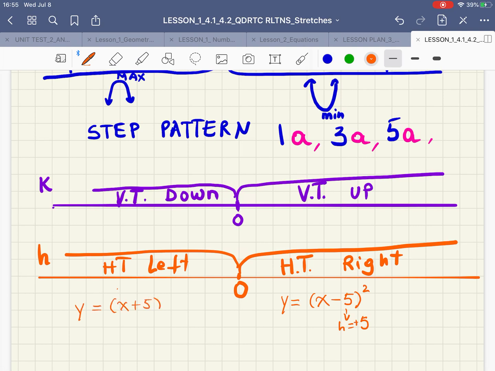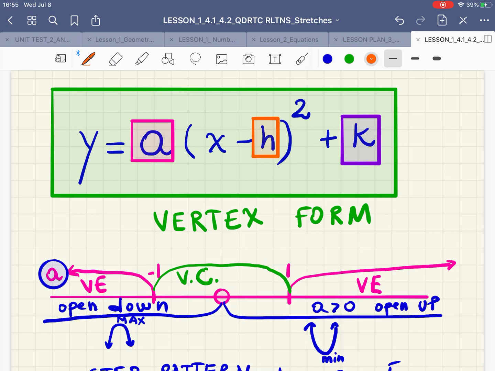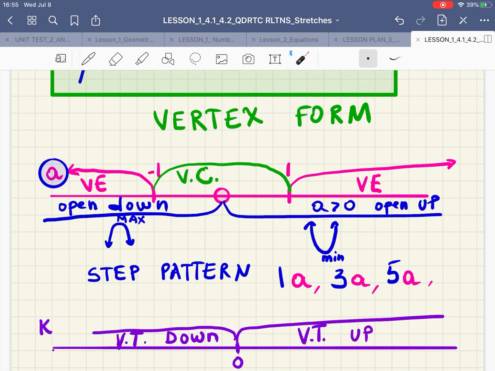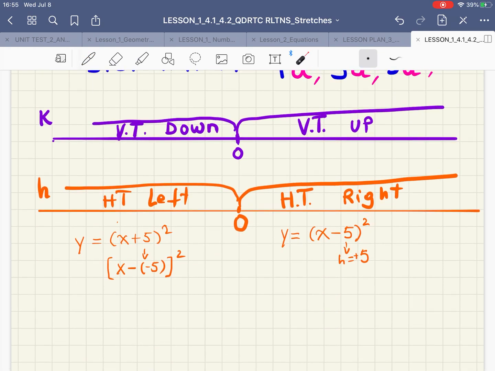Now, if we have an equation such as x plus 5 squared, that means we have x minus negative 5, because there is a minus in the formula, this blue minus right here. And that's how we discover that h is negative in this case.